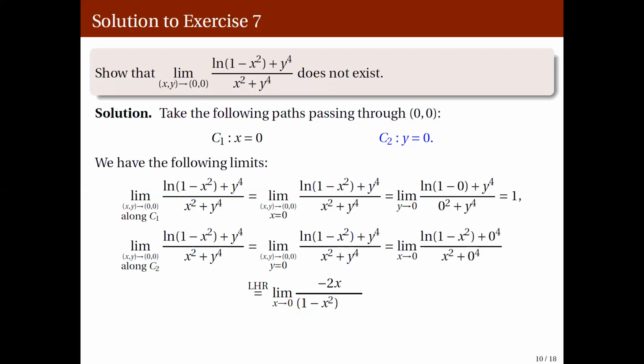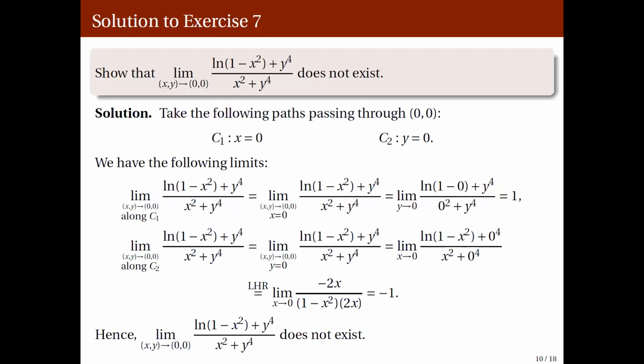And we will divide it by the derivative of x squared, or 2x. And doing some cancellation and plugging in x equals 0 gives us negative 1, which is not equal to 1. Therefore, the limit does not exist. Okay?